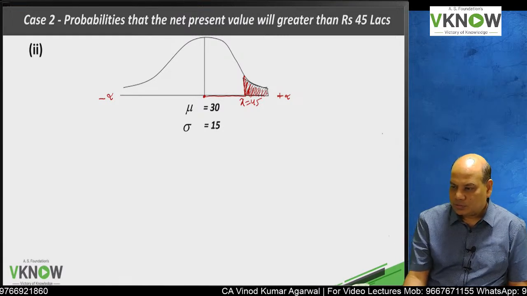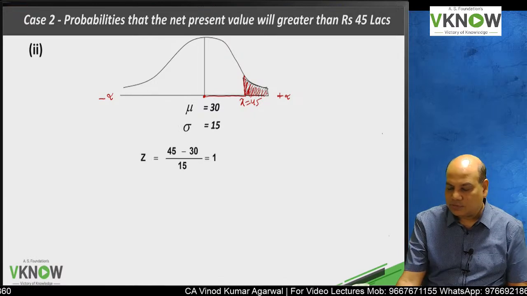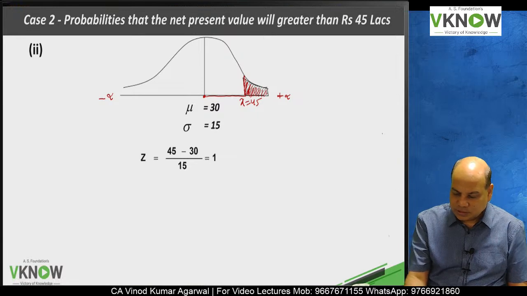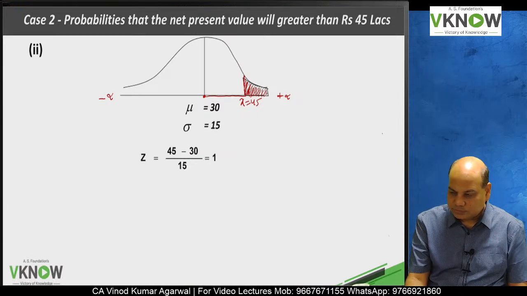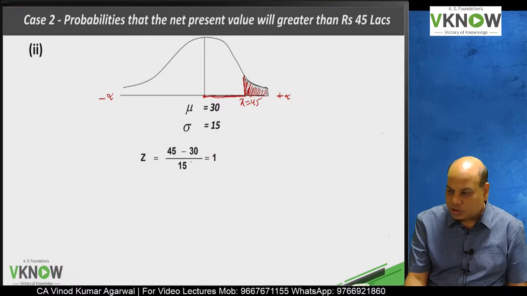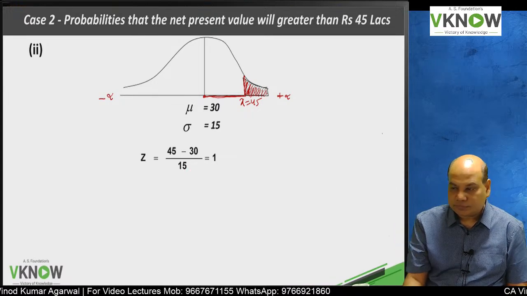So what I'll do, I'll first compute the Z value. Z will be equal to 45 minus 30, x minus mu upon sigma, which shows how far you are from the mean per unit of standard deviation, and the table gives you the probability of that.